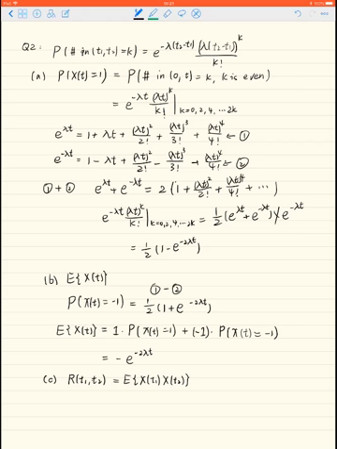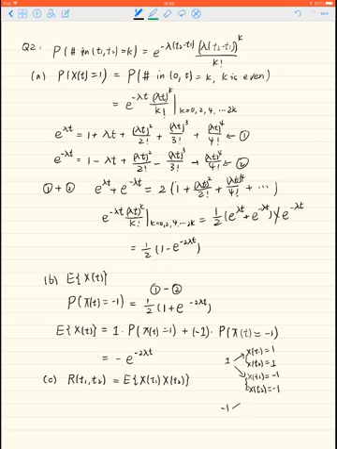Since X(T1) and X(T2) should only have two results, one is 1 and the other is minus 1, R(T1, T2) equals 1 when X(T1) equals 1 and X(T2) equals 1, or X(T1) equals minus 1 and X(T2) equals minus 1, too.